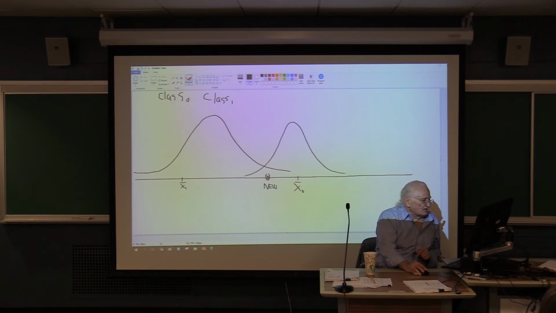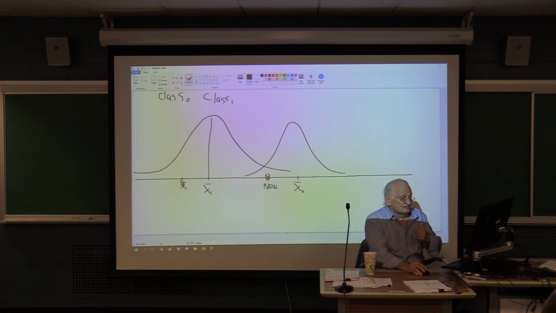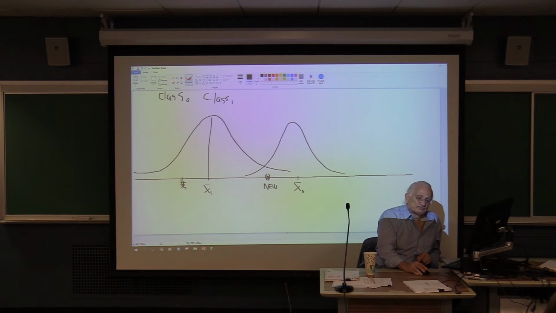But this can very well be part of class 1. You see? So Euclidean distance does not cut it when you have predictors that are highly correlated.